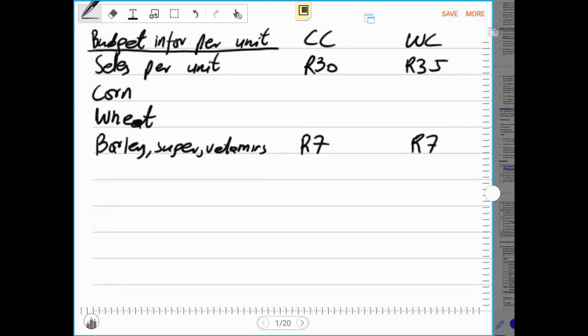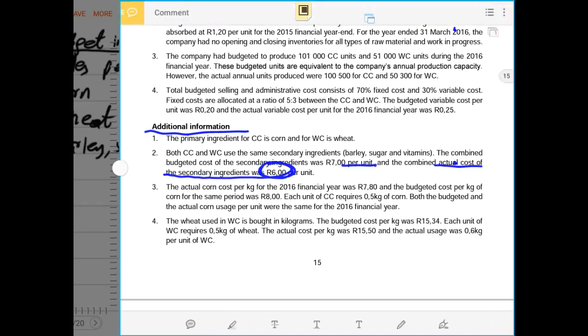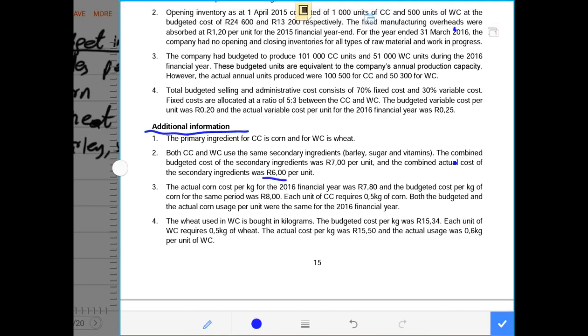And when I'm saying budgeted information per unit, I'm referring to the selling price per unit, and all this cost here will be per unit. So now I'm basing that on the per unit perspective. Therefore the actual part of 6 rand is for the variance analysis. Then additional info number 3 says the actual corn cost per kg. Remember, this is actual. I'm still busy with the budgeted.